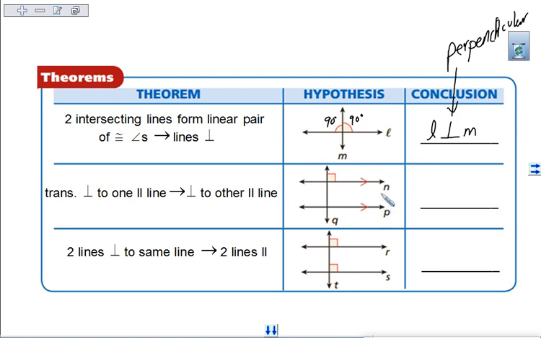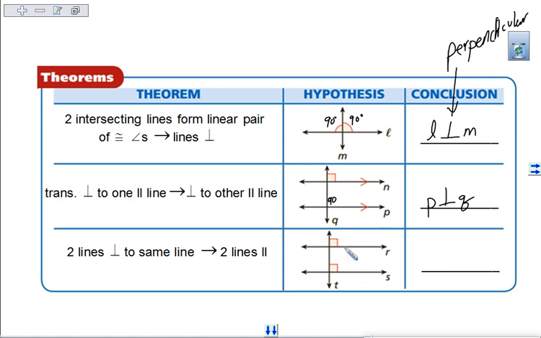The next one says that when you have parallel lines and a transversal going through them, and one of those lines is perpendicular to that transversal, it means that this other line that's parallel and going through that same transversal is also perpendicular to that transversal. So that means that line P is perpendicular to line Q. Notice those are corresponding angles.